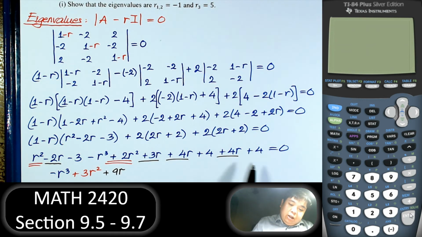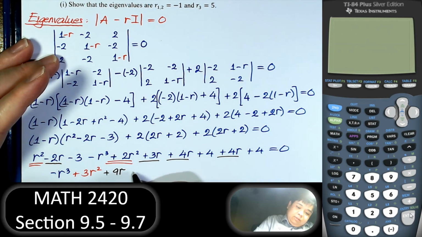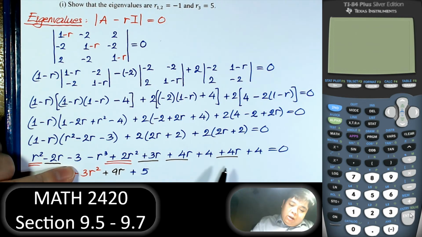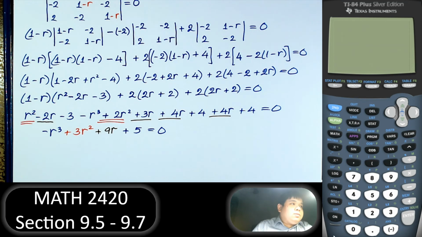And finally 4 and 4 is 8, minus 3 is 5. Equal to 0.